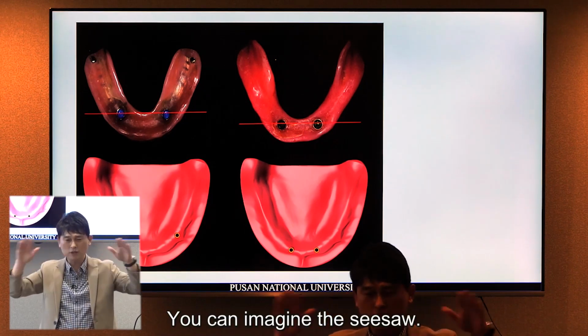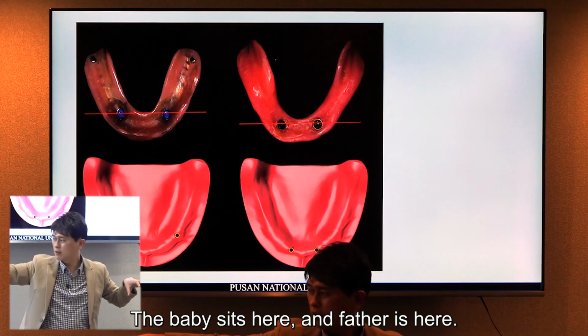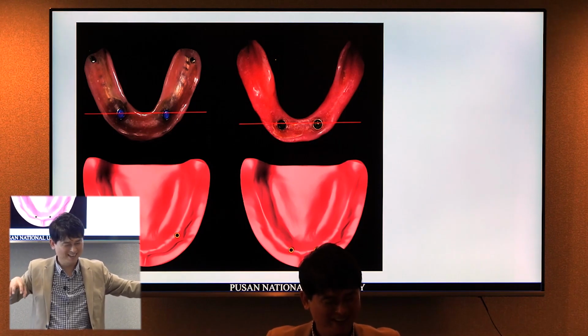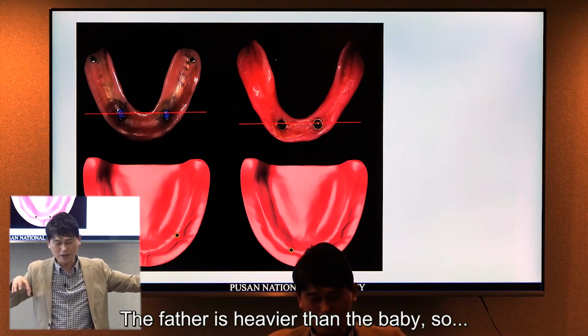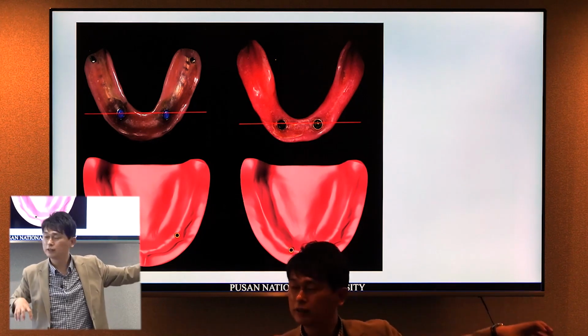You can imagine a seesaw. The baby sits here, and the father sits here. Sorry, the father is heavier than the baby.